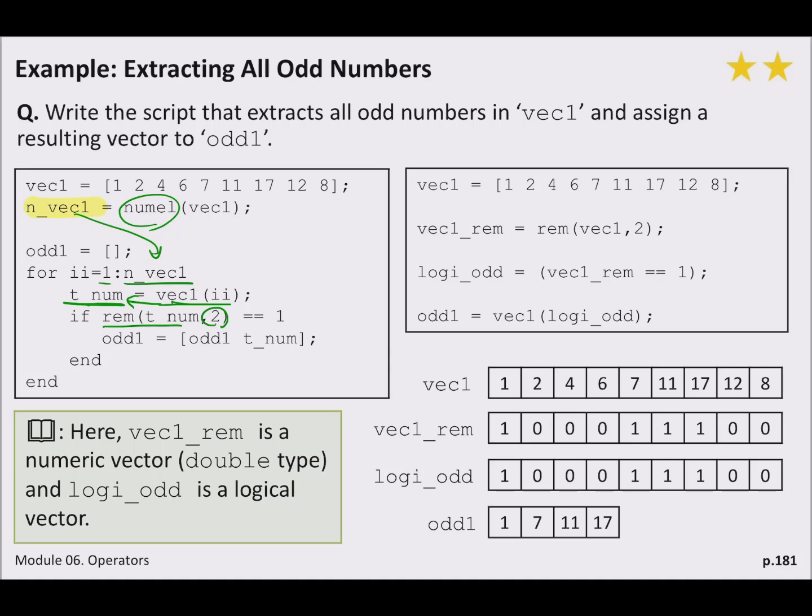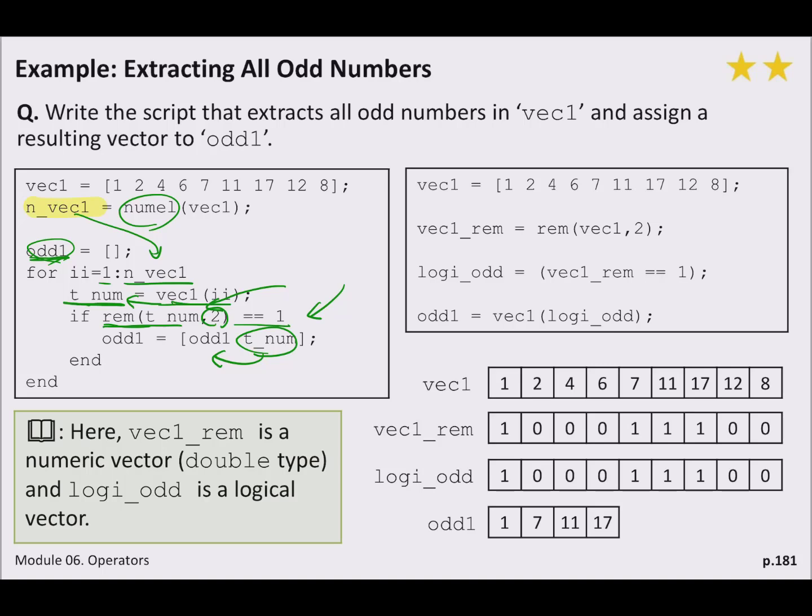If this condition is true, we are adding this value to the odd 1 vector. In this example, I didn't pre-allocate this odd 1 vector, and I'm just appending the new number to the odd 1 vector. This example is already in the previous module.